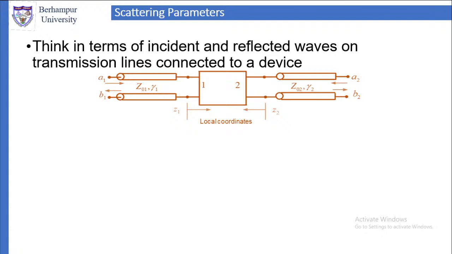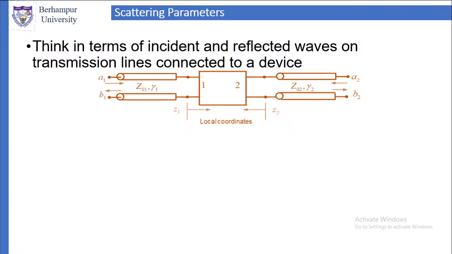On the two ports we connect transmission lines. On port 1, the characteristic impedance is Z01. For port 2, the characteristic impedance is Z02. Between port 1 and port 2 there will be a local network, so don't worry about that.